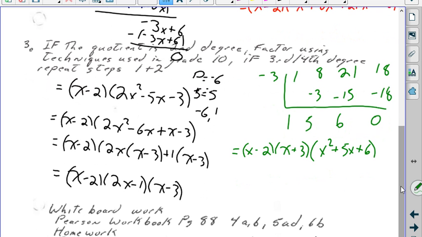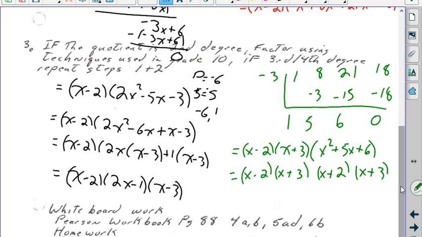Oh, we never tested -2, did we? Now we can just factor this: 2 numbers that multiply to 6 and add to 5. Those 2 numbers give x plus 2 and x plus 3. So we're just performing shortcut factoring on this quadratic.